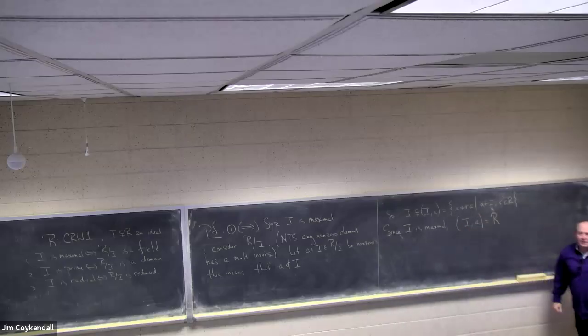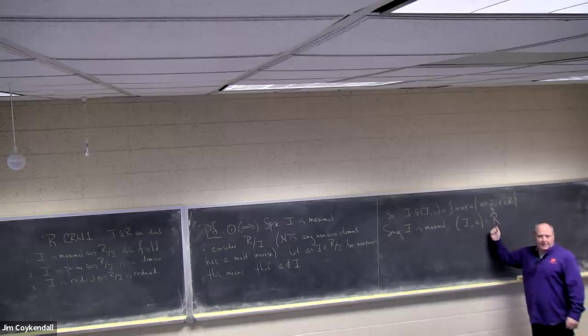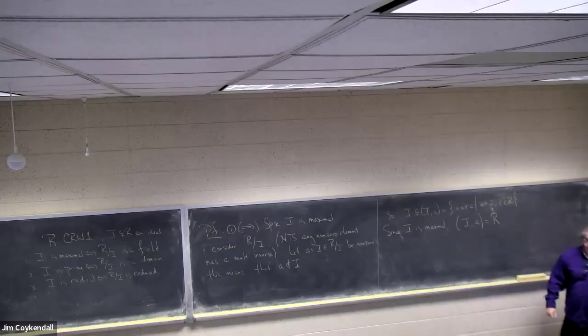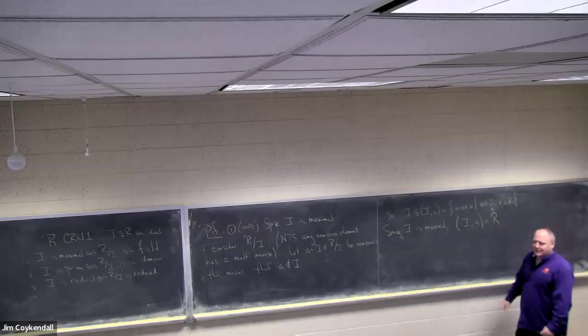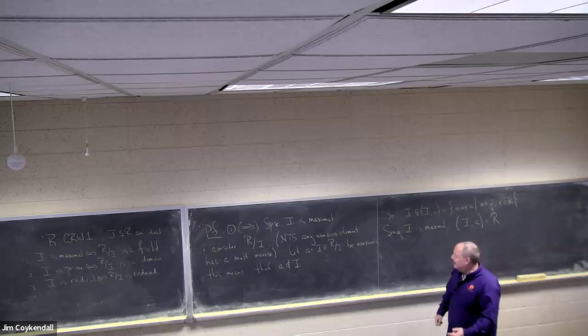Right? Because there is no proper ideal that's bigger than I. So this has to blow up to the whole ring. And what do we know lives in the ring? Right? There's a key element. Units. That's right. This is a commutative ring with identity.